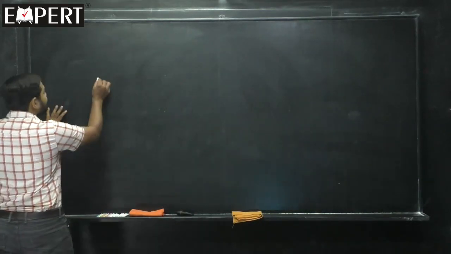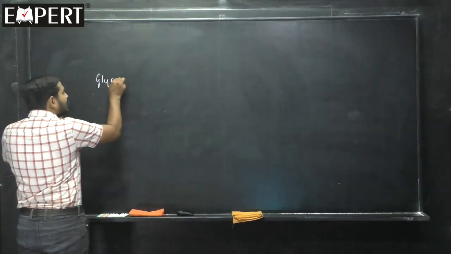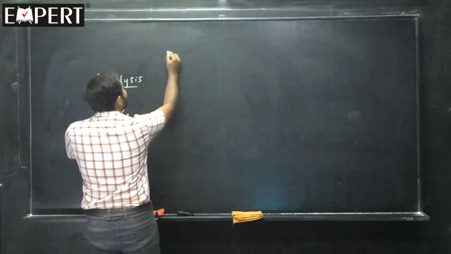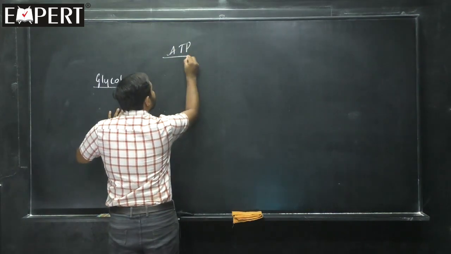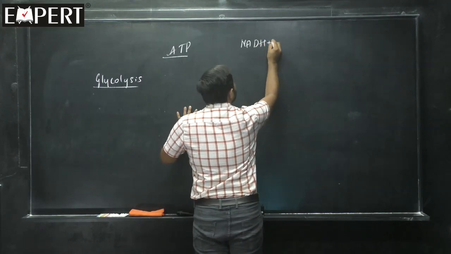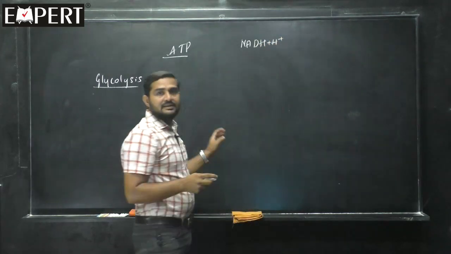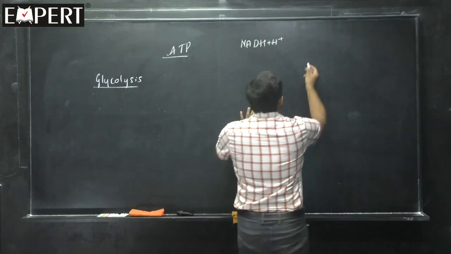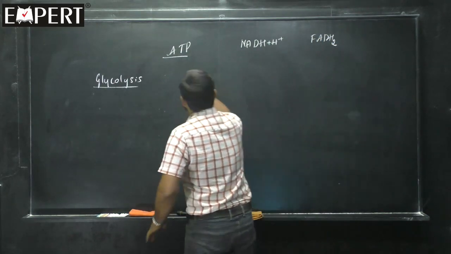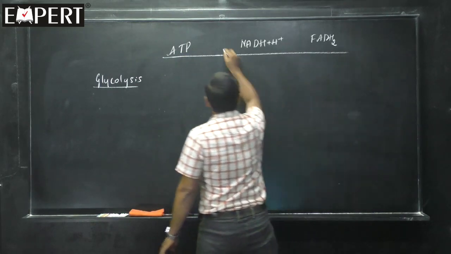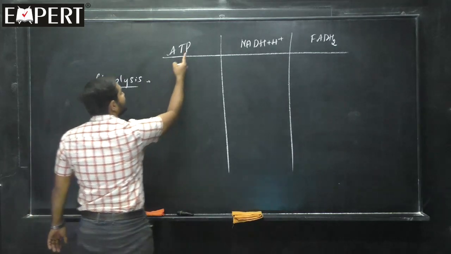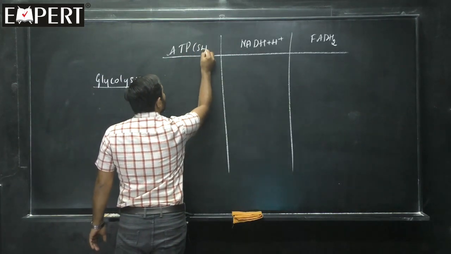Students, in the glycolysis, quickly tell me, how many ATPs are produced? How many NADH plus H plus produced? And how many FADH2 produced? These three aspects you have to tell me. In the glycolysis, this ATP is by substrate level phosphorylation.